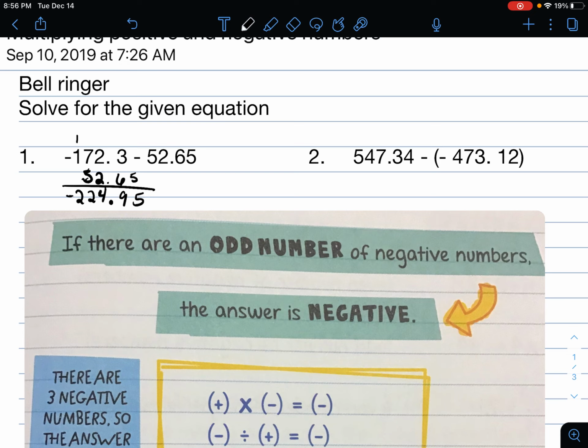Okay, likewise here we've got a positive and we're minusing a negative. If you rewrite this as an addition problem, you've got 547.34 plus 473.12. So we can just add those together once again.